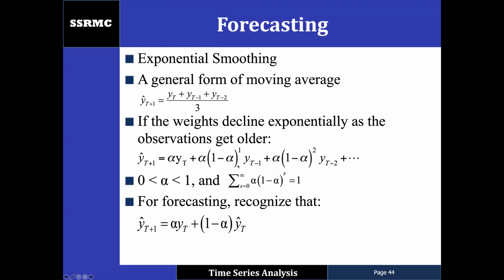With a little bit of rearrangement, this equation can be turned into this. It has a very intuitive explanation: the forecast, 1 period ahead, is a weighted average of the observed value and the estimated value from the last period. And the weight is controlled by this alpha.